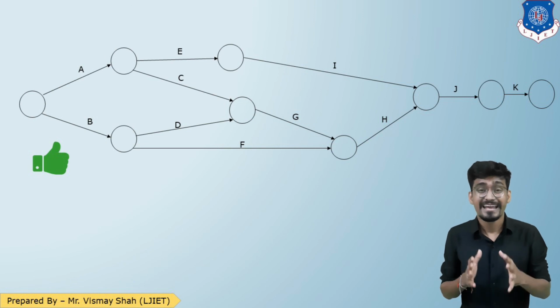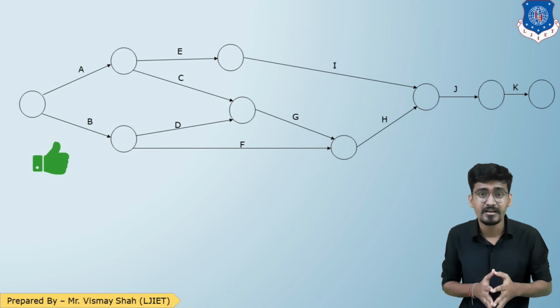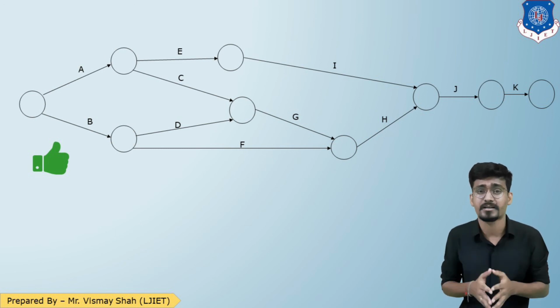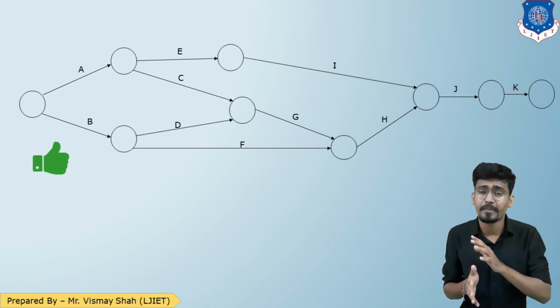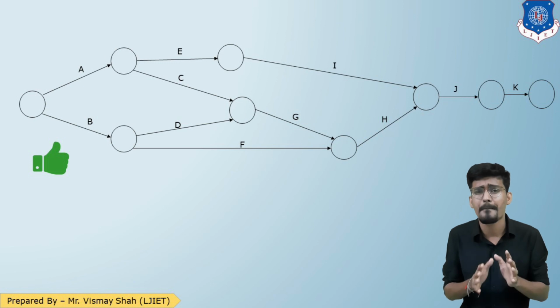Now students, here I would like to mention another point: the shape of the network does not matter. When you are drawing a network, the shape of the network does not matter.